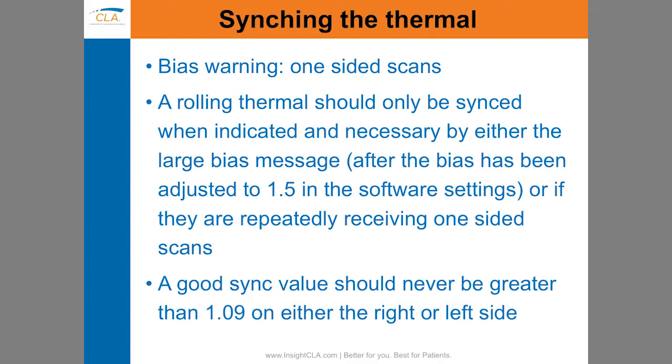And many of you are thinking, oh, I haven't synced my system for a very long time, I should sync it. If you're not getting one-sided scans or you're not getting flags that are popping up, it's working fine. And so we have it so that there's a large bias message, meaning a shift that's occurred, coming up. And we also have it intuitively set up so that if you do have a bias, we can have it snap back and bring your line to the center.